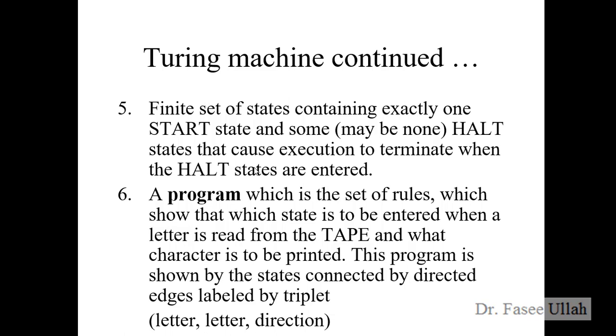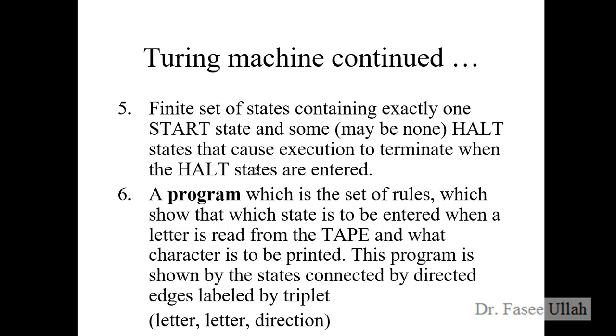So here we have the representation for the input state, the next state, and whether it is going toward right or left. That is called a program. In that program we have a set of rules. What are those rules? If we move from the current state to the next state, for example, it will show Q1, and then we have the output of this Q1.